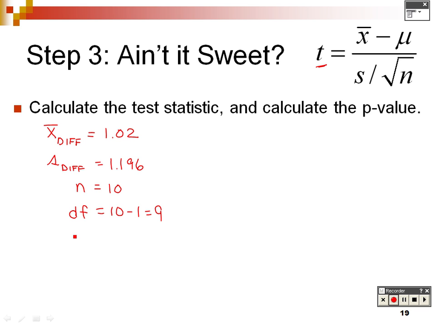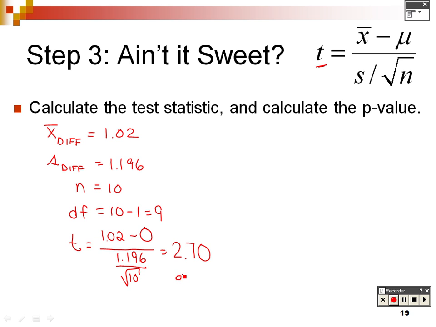Therefore, our test statistic, our t, is going to be our sample mean minus our mu, our population mean. Now, we're assuming under the presupposition of the null hypothesis that that is 0, divided by s over the square root of, and here you want to use the sample size, so that's 10, and we come up with that being equal to 2.70.